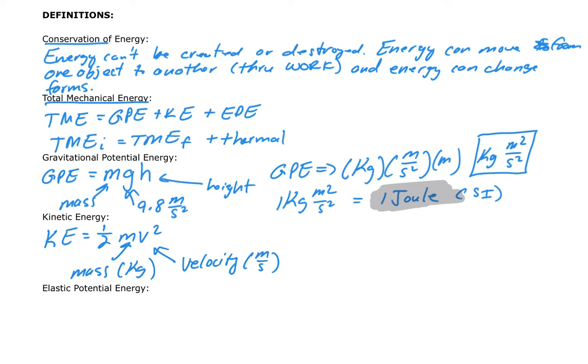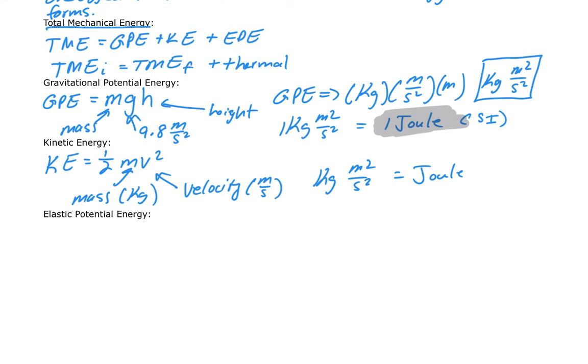Let's take a look at our units for kinetic energy, see if they match up with gravitational potential energy. They certainly should. We end up with kilogram meter squared per second squared, because that velocity term is squared. So again, we end up with a joule, and that's what we're going to use to measure kinetic energy and potential energy and all energy, as a matter of fact.